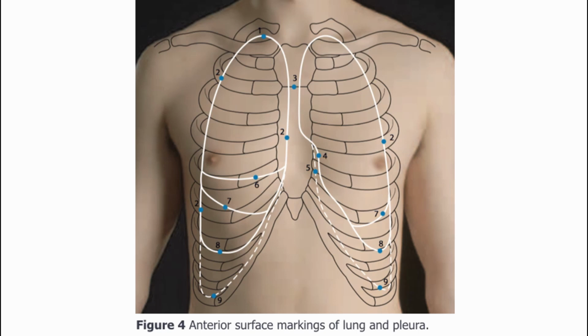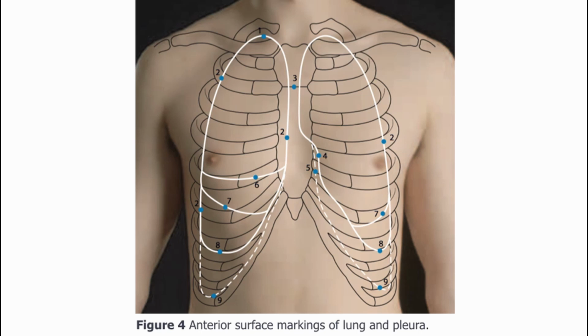And anteriorly, the lung ends at the lower border of the eighth rib, while the pleural cavity ends at the level of the 10th, although it is here marked as the 9th, but it ends at the level of the 10th rib.